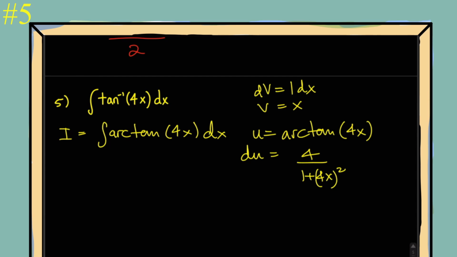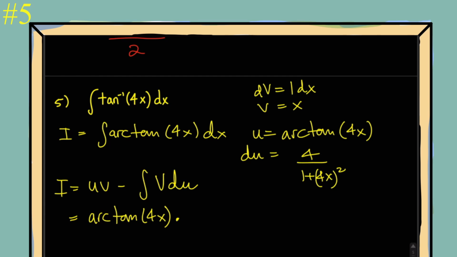Okay, and so I is going to be uv minus the integral of v du, which is just arctan of 4x times x minus the integral of x times du, 4 over 1 plus 16x squared dx.